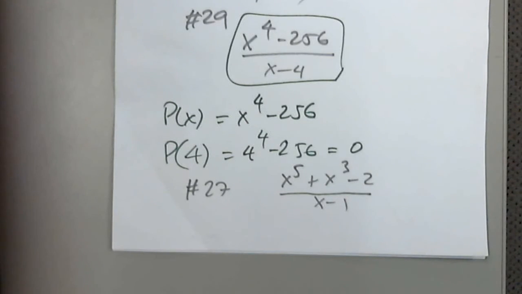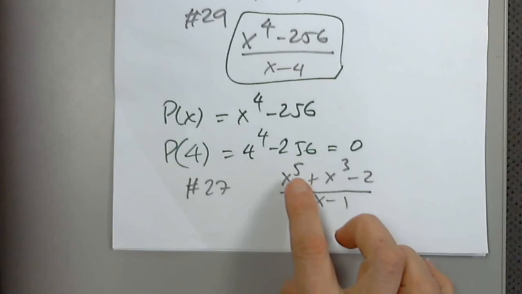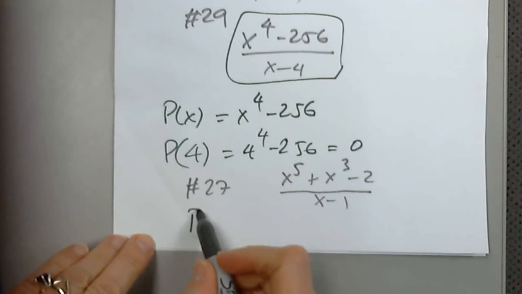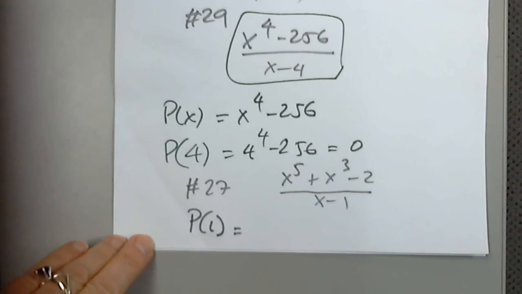In that case, I'm only interested to know whether x minus 1 is a factor of x to the fifth plus x cubed minus 2. What do I do? P of a. Yes, which means P of 1. If the answer is 0, what will I conclude about x minus 1? It's a factor of x to the fifth plus x cubed minus 2.